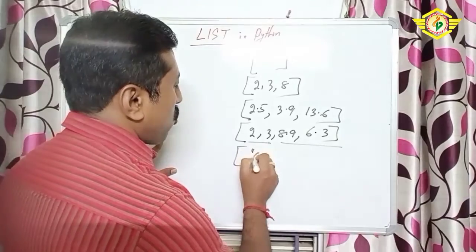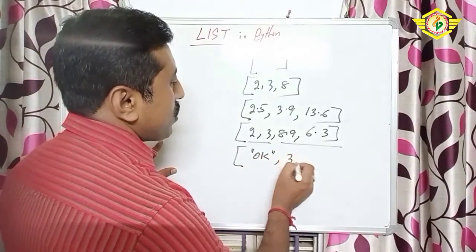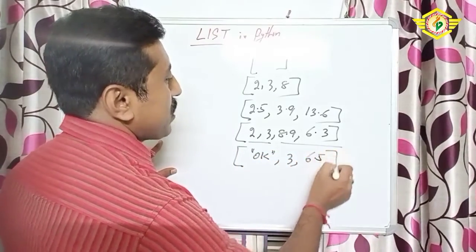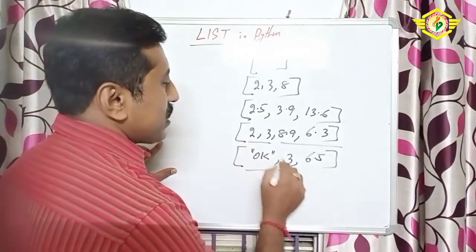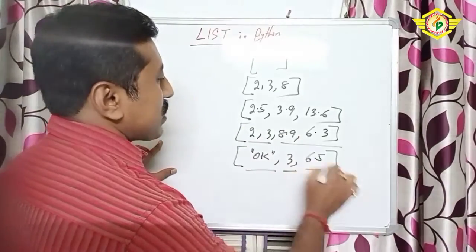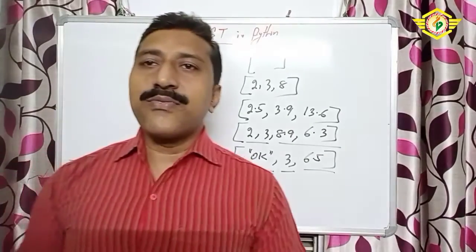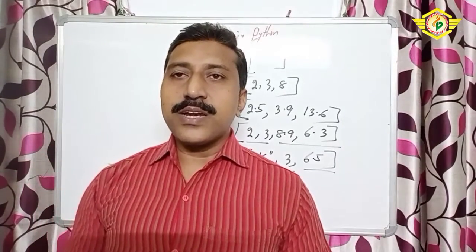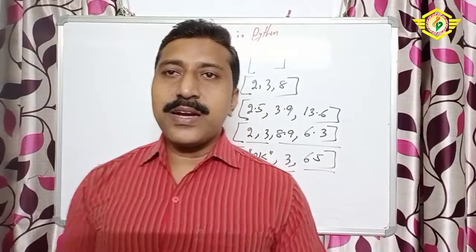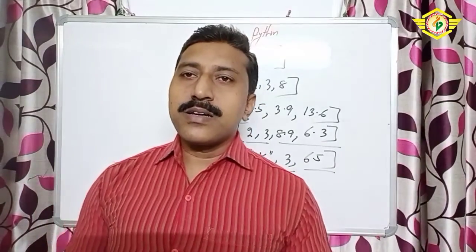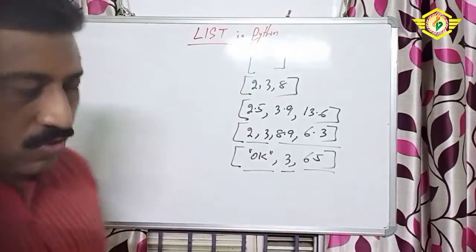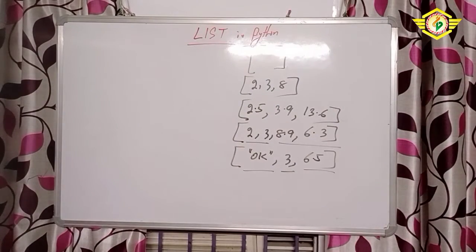If I write OK, then 3, then 6.5, it contains string as well as integer as well as floating type data. That means it can contain different types of data. So it can hold different types of data kept within square brackets. Now let us see how to create a list.